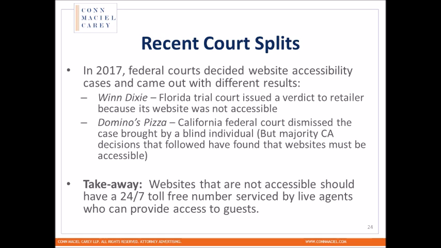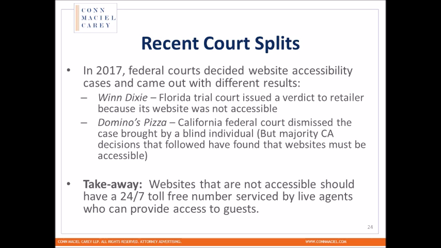And so right now what's happening is we have cases that are brought in California where the Domino's case was a bit of an exception, where, because in that case the plaintiff was arguing that the WCAG 2.0 standard applied, the court found that there was insufficient notice of that standard for it to be applied in that case.